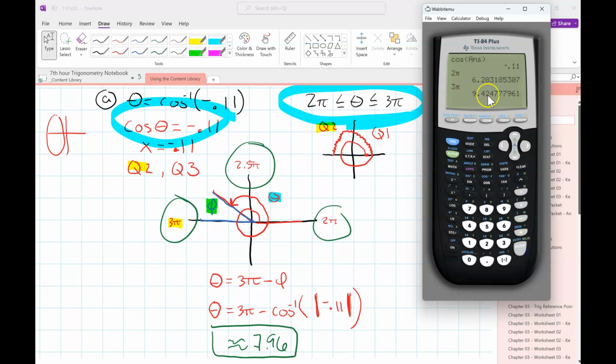And 9.4 is bigger than 7.96. So I'm quite certain I have the correct answer because the cosine of that angle is negative 0.11 and that angle is in between 2 pi and 3 pi. What do you guys think? Is that okay? Let's do another.